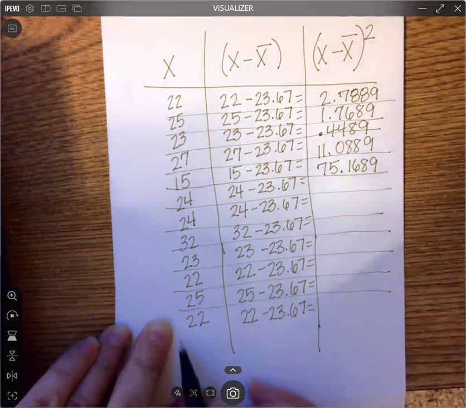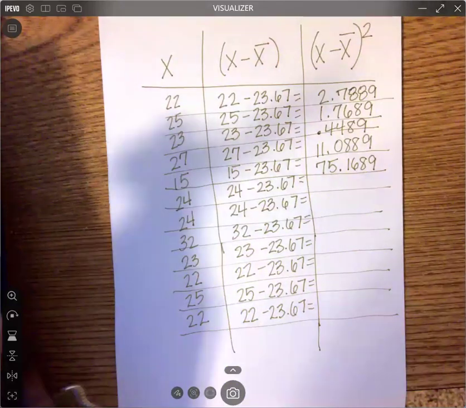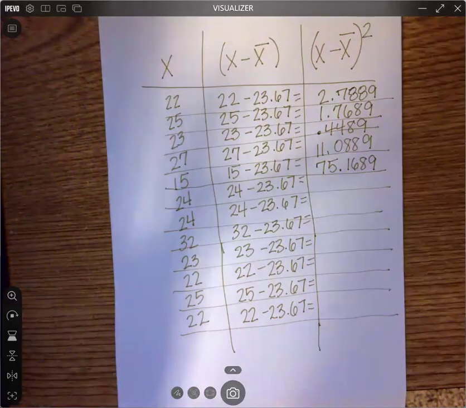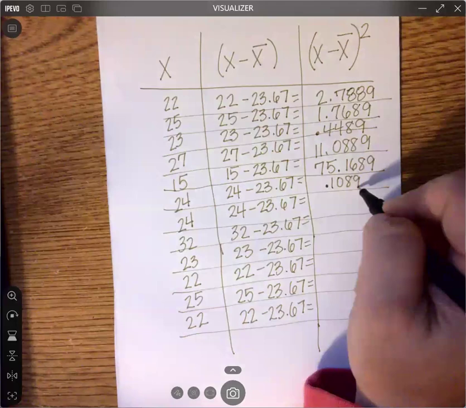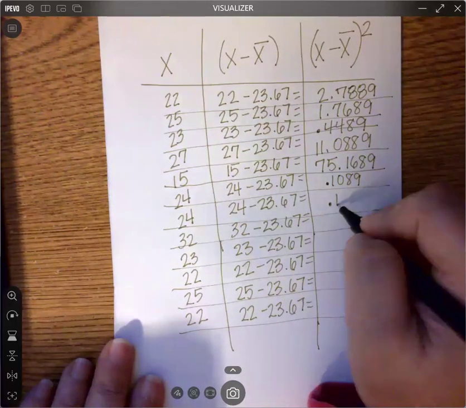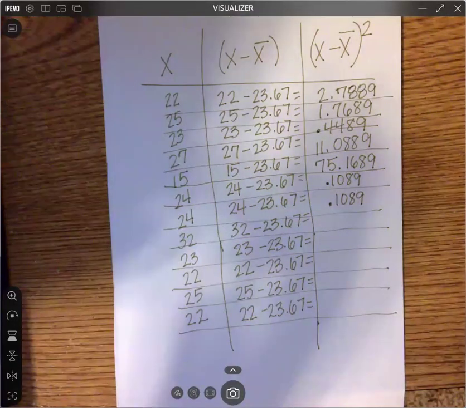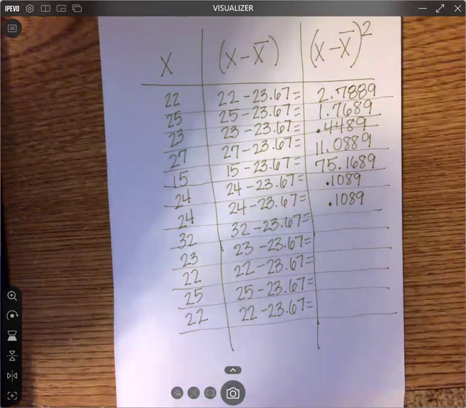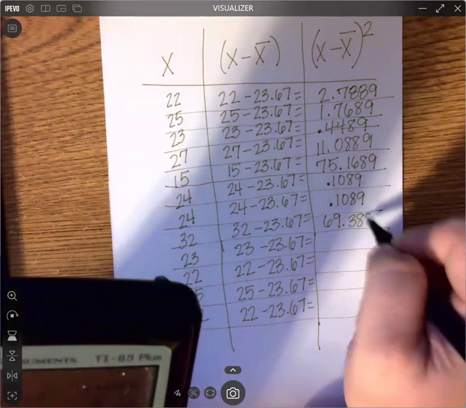And we're going to notice that some of these are repeated, and we're not going to have to do it each time. So 24 minus 23.67, square your answer, 0.1089. Well, that's going to be the same one here. We haven't done 32 yet, so 32 minus 23.67, square it, 69.3889.